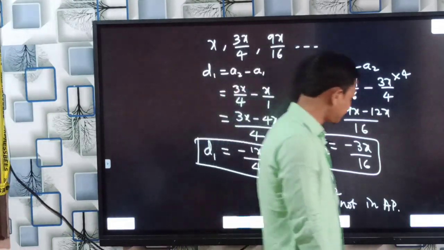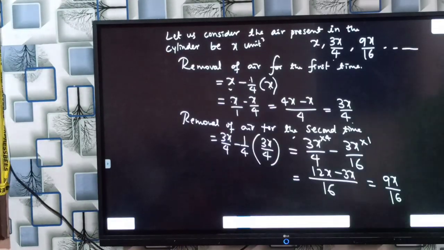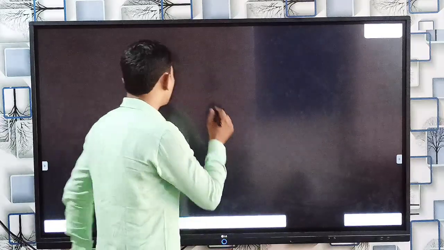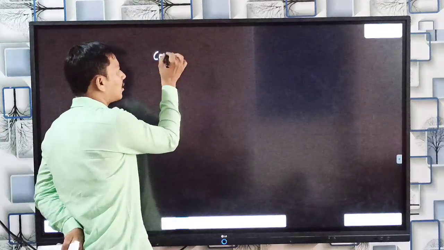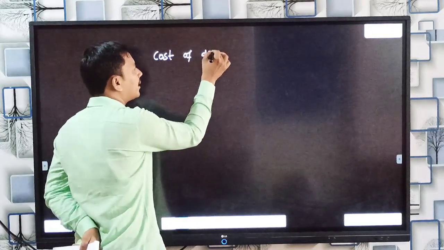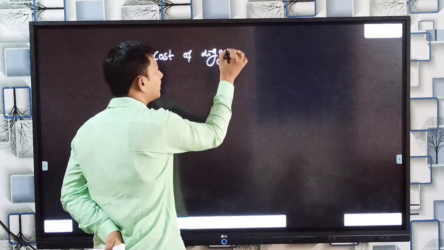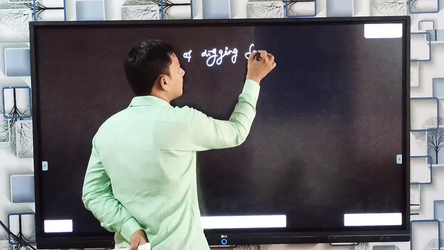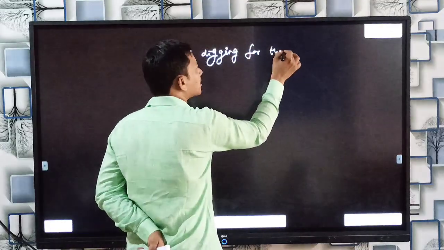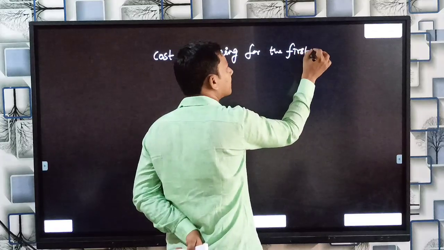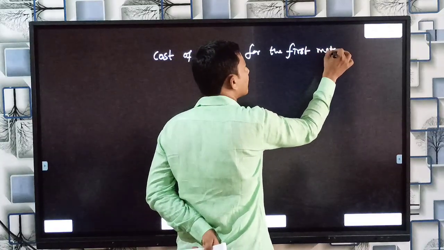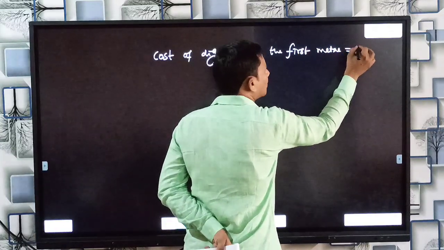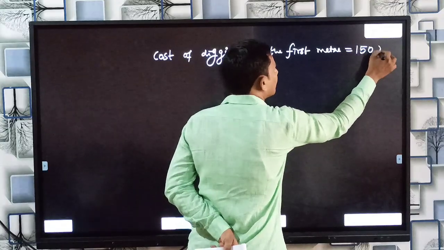Understood? The cost of digging a well: after every meter of digging, it costs 150 rupees for the first meter. What is the cost of digging? Cost of digging for the first meter is equal to 150 rupees.